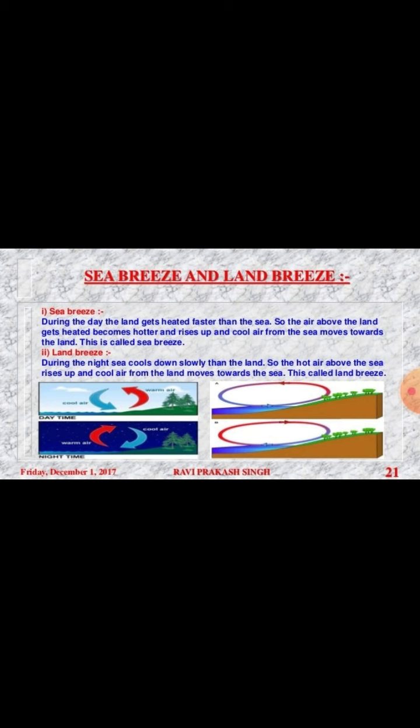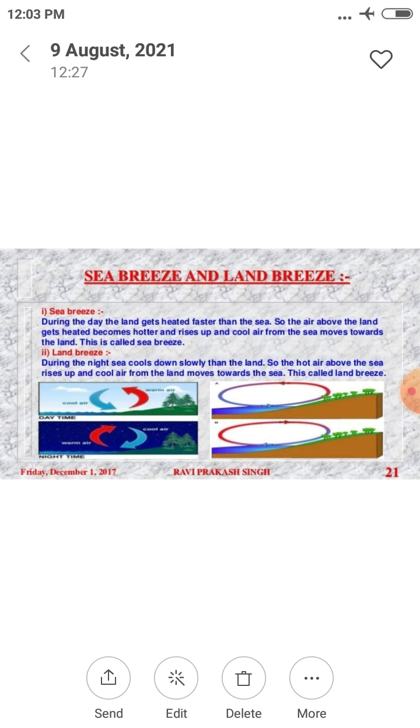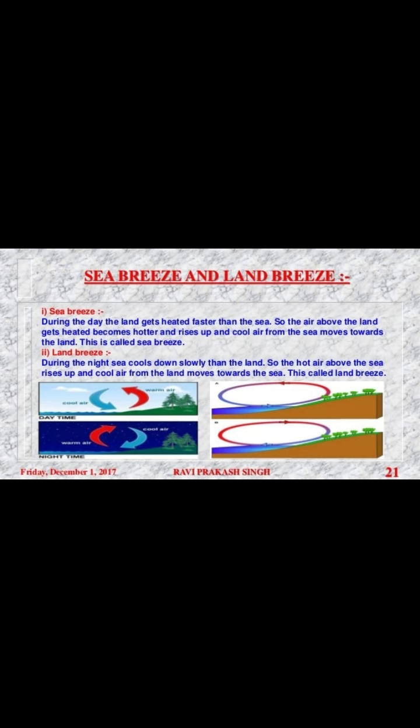This is called sea breeze. During the night, the sea cools down more slowly than the land. So the hot air above the sea rises up, and cool air from the land moves towards the sea. This is called land breeze. Observe the picture neatly.